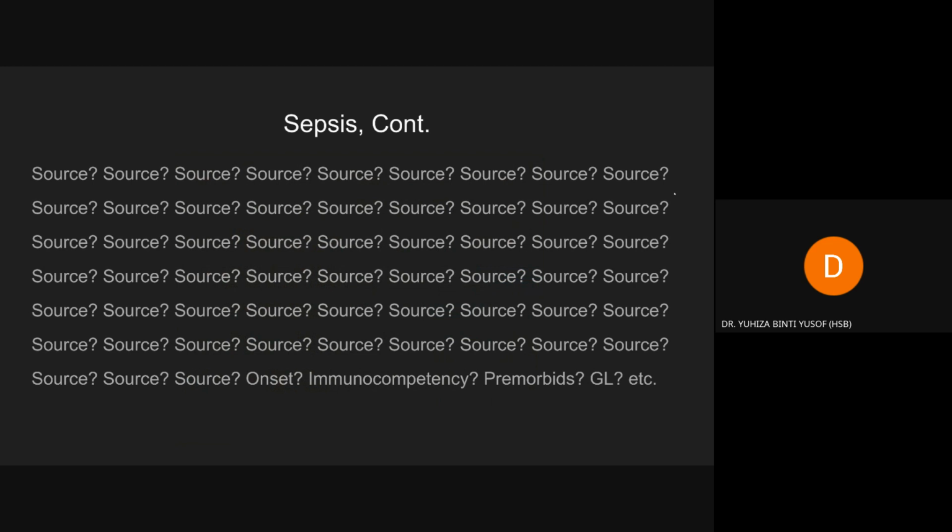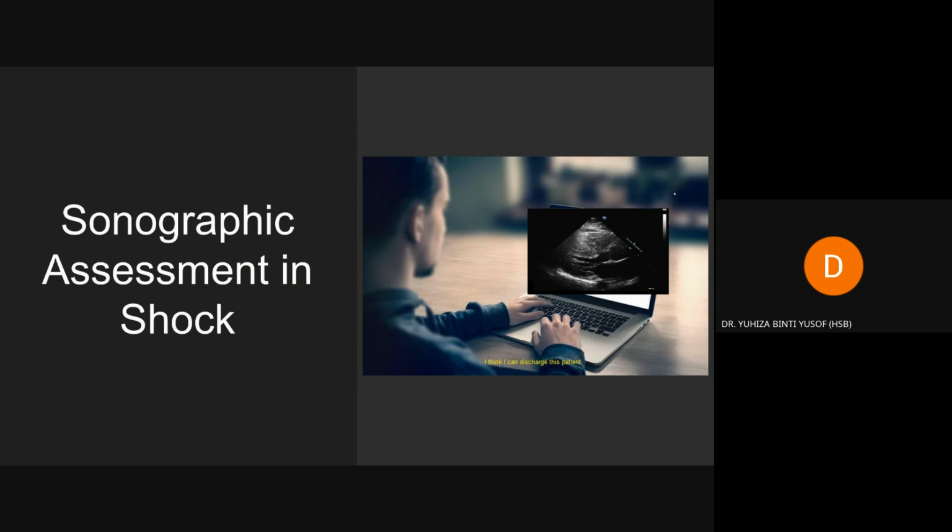Okay, so now we come to the ultrasound part of the presentation. The purpose of ultrasound in shock is the same as with the physical assessment, but it represents an expanded tool that you have in your kit. With just history and physical, you might miss a lot of things.